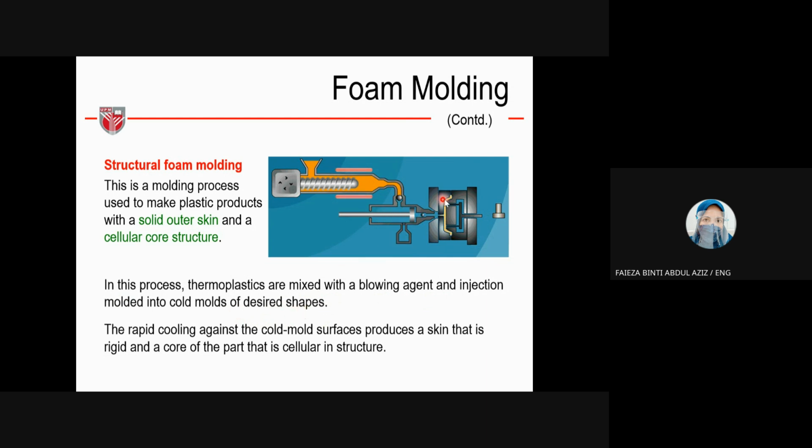The molds here are cold. The rapid cooling against the cold mold surfaces produces a skin that is rigid and a core of the part that is cellular in structure. So this is the heating element. It's heated, molten, injected, and then this is the cold mold.